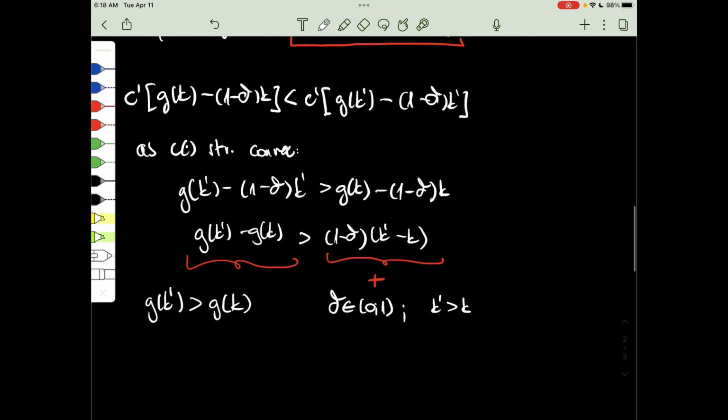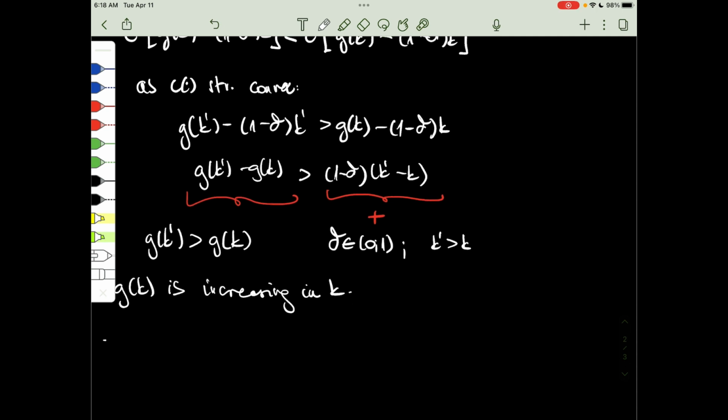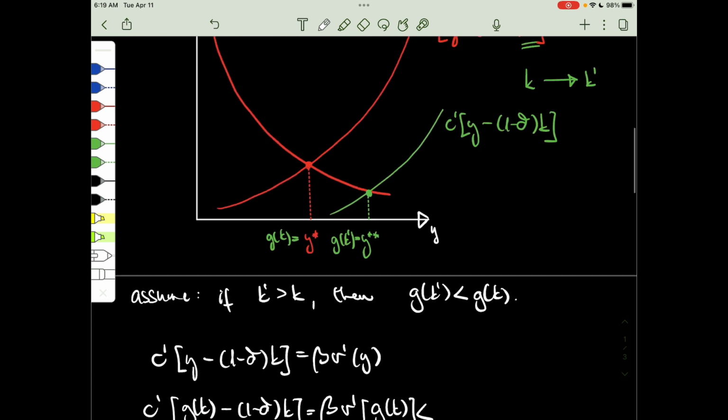Okay, so this is one thing we know for sure. The other thing, okay, so g(k) is increasing in k.